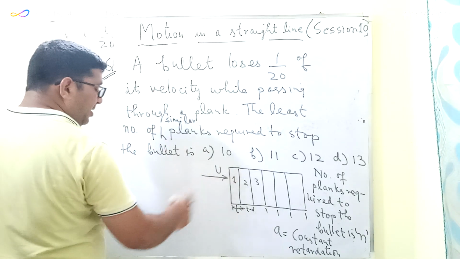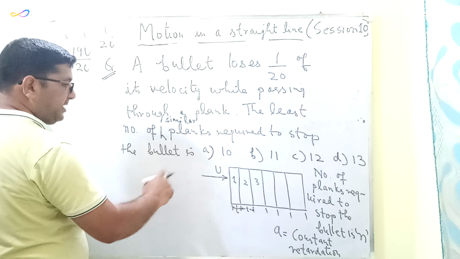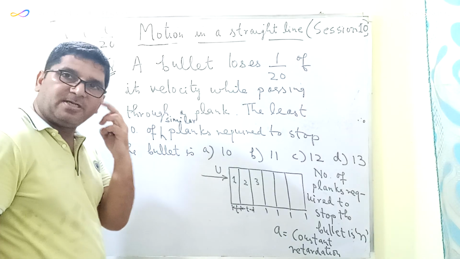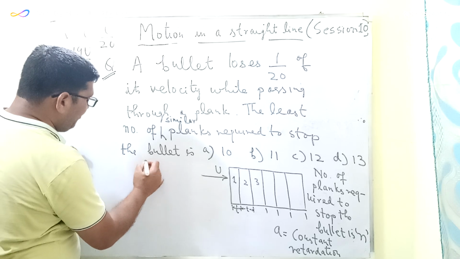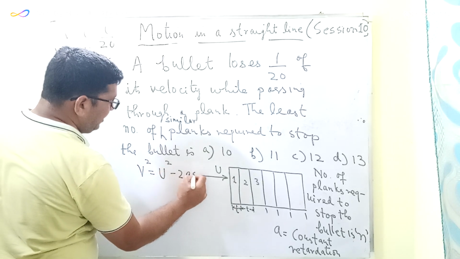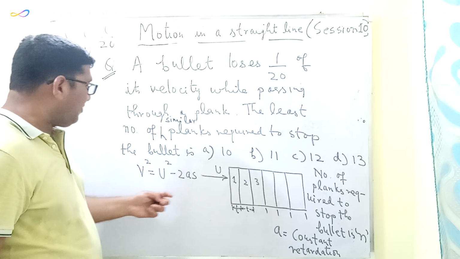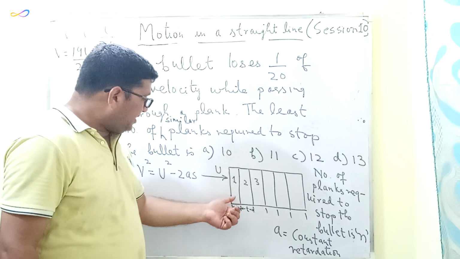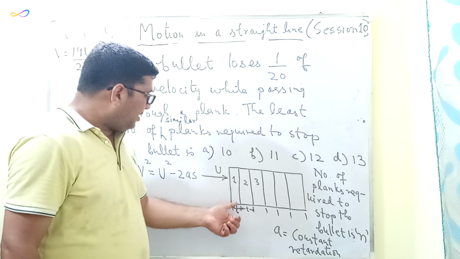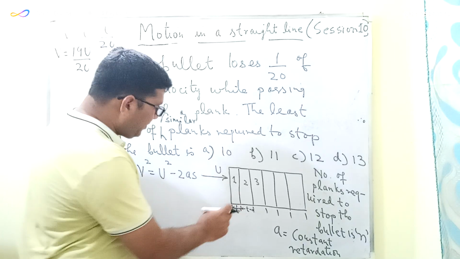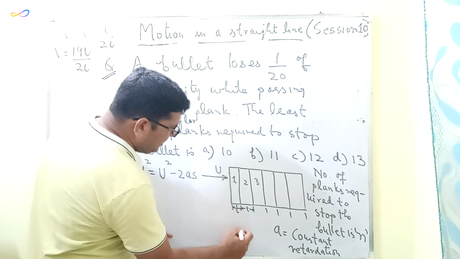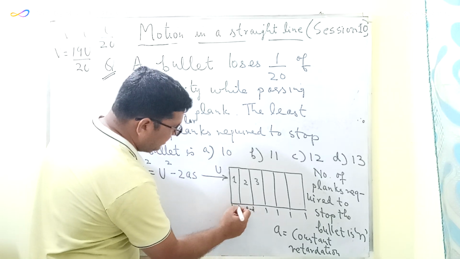In this case I will be using the equation of motion for constant retardation, which is v square is equal to u square minus 2as, where s is the distance travelled by the bullet. When it passes through plank number 1, it covers a distance equal to the thickness of the plank, which I have taken as small t.